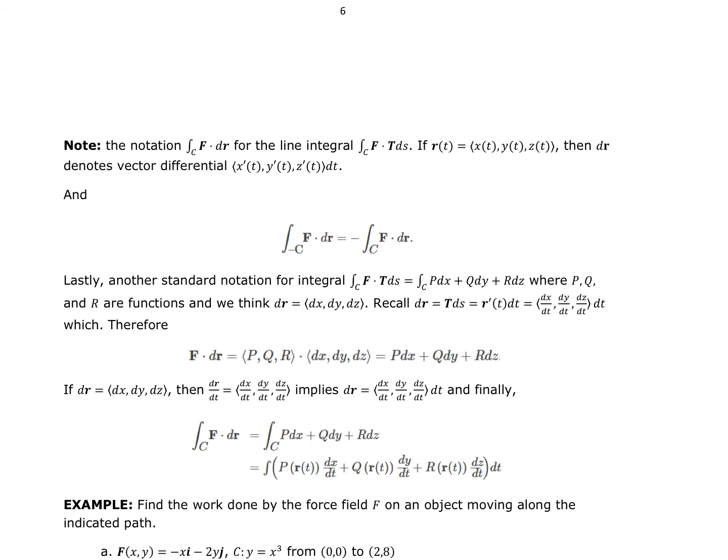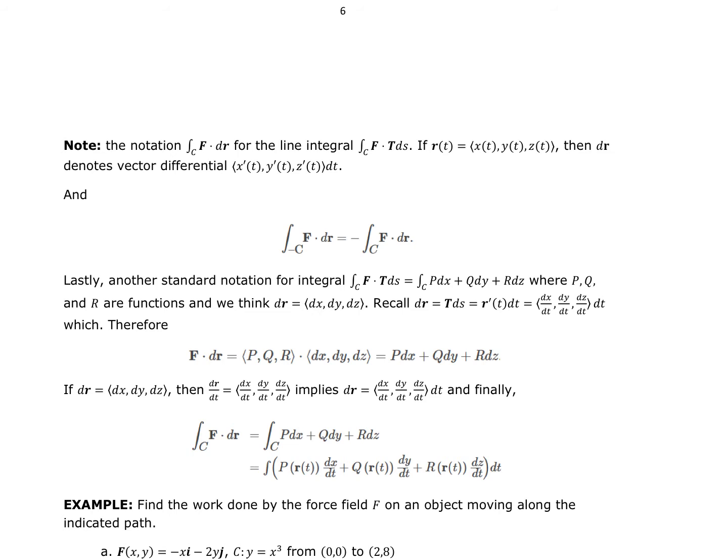The notation will be slightly different at times. If I am going in the other direction for my parameterization, that would be negative C, which can be noted as a negative out front of our integral.